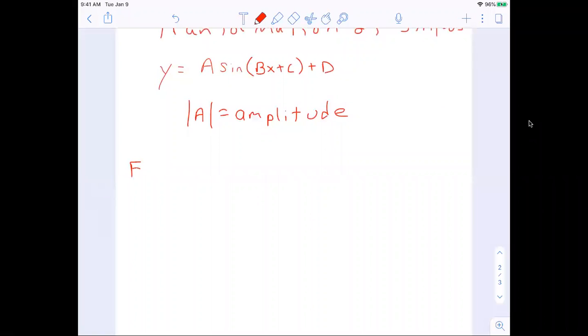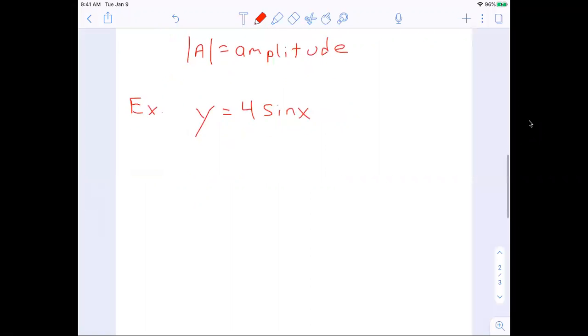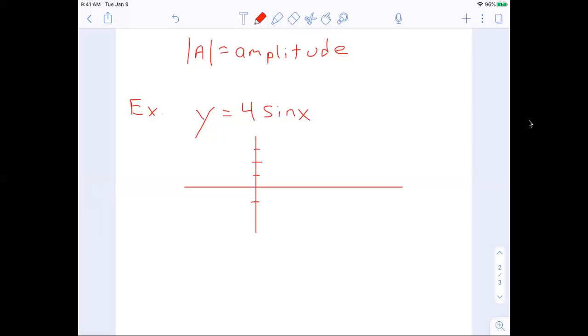Okay, for example, if I had y equals 4 sine of x, the amplitude of that graph is going to be 4. Meaning when we graph it, instead of going from -1 to +1, it's going to go from -4 to +4.